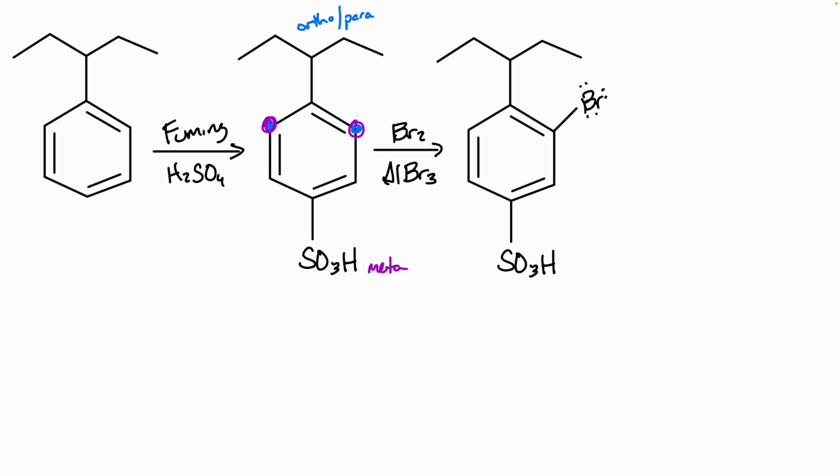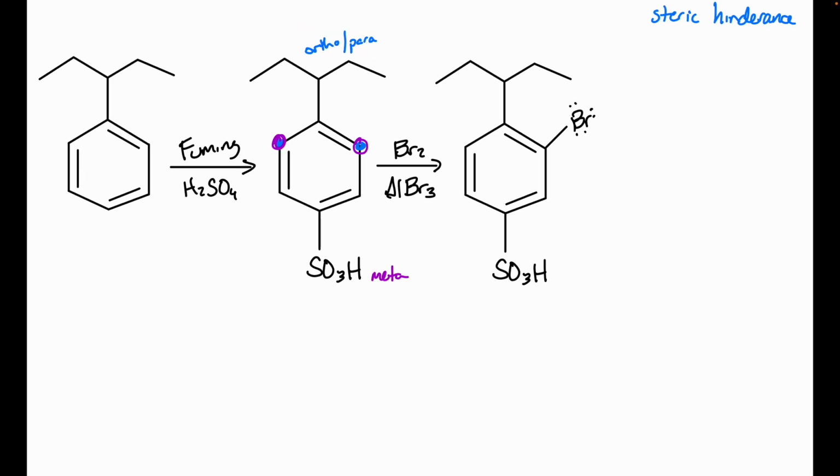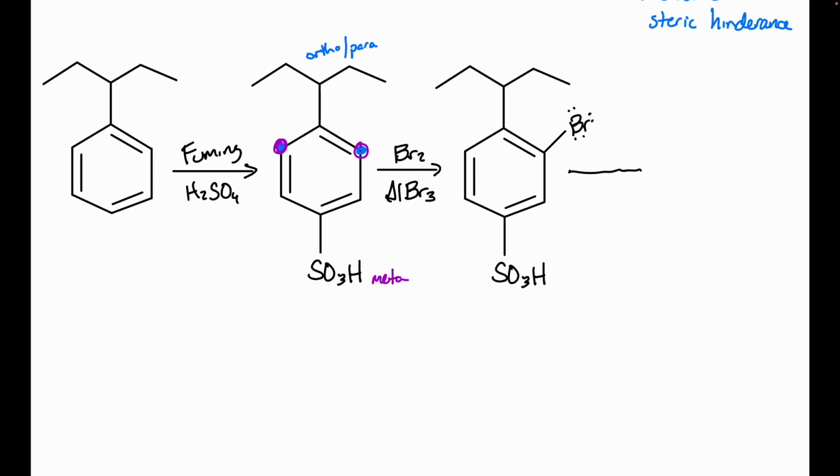But again, it's not really a blocking group unless you have the ability to remove it. Turns out that this is going to be a new reaction here, but it's very easy to get rid of that sulfonic acid group.